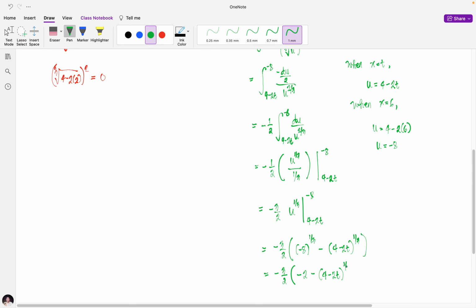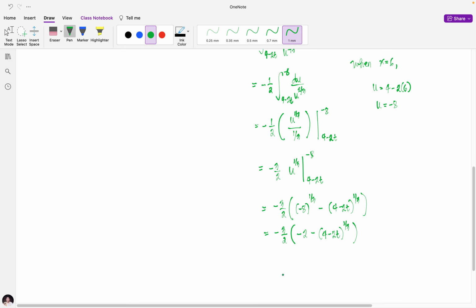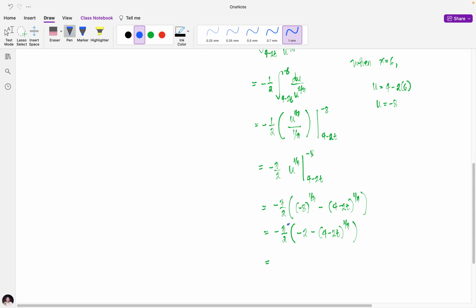Distributing the negative 3/2, we have 3 plus 3/2 cube root of 4 minus 2t.